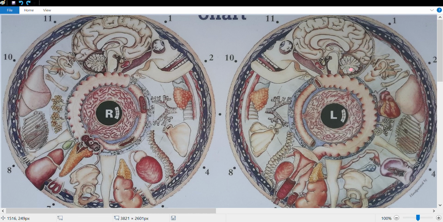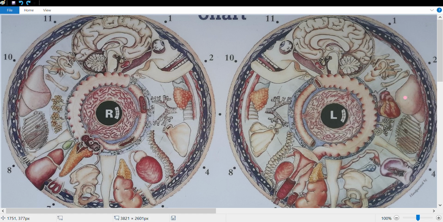We have the occipital lobe, we have the frontal lobe, and then we get into the face, the jaw, the eye is reflected in the iris. We have the upper cervical spine, the ear, and then this is the left eye representation. So this is the heart right in here.